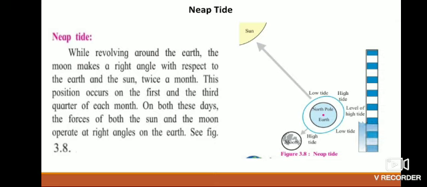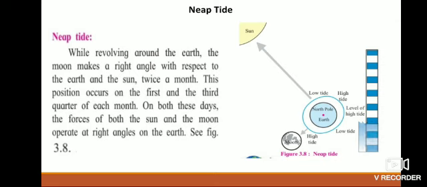Now next type of tide is neap tide. While revolving around the earth, the moon makes a right angle with respect to the earth and the sun twice a month. See, in the figure you will see that the sun, earth and moon, the position is making a right angle.